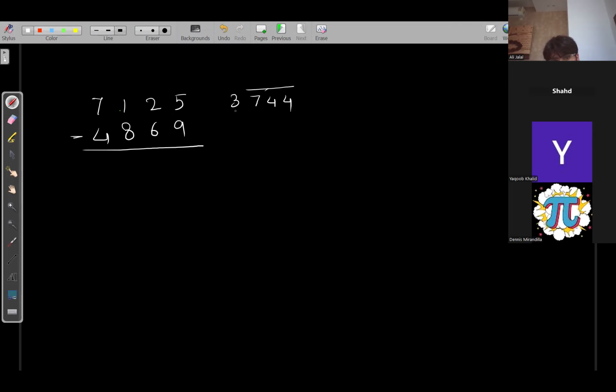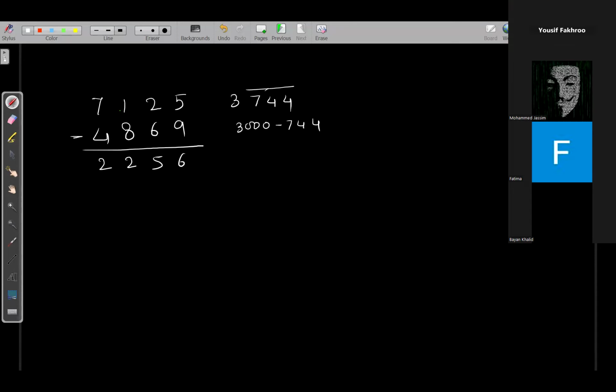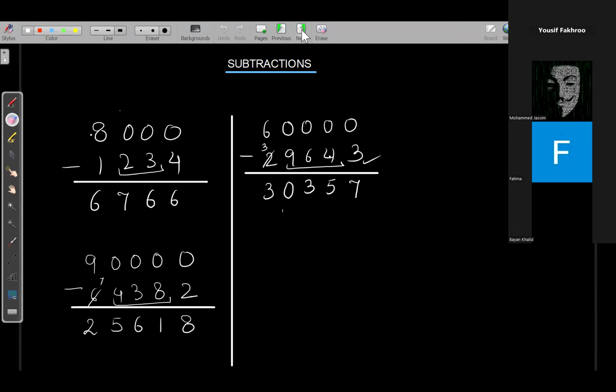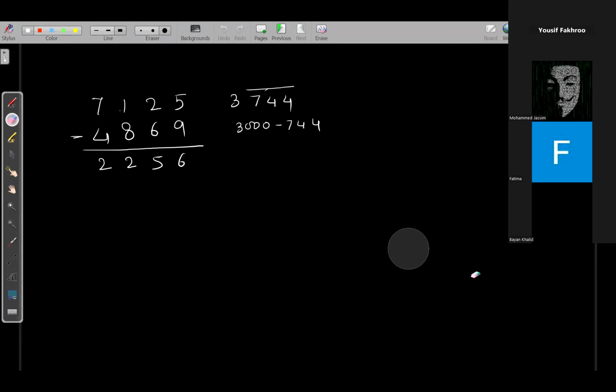In your mind, you know that it is 3000 minus 744, which is equal to how much? 2256. Getting it, everybody? How many understand this, what I'm doing on the board? Very good. So when you know this method, you can easily subtract this.